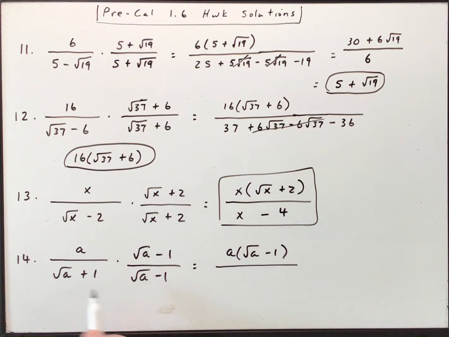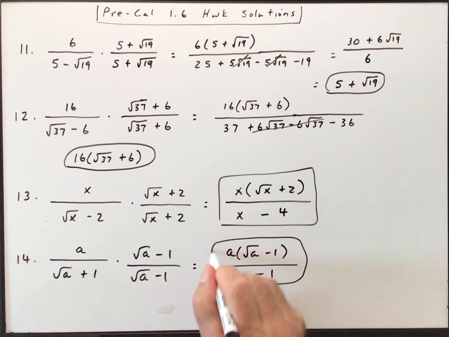So multiplying the tops, and then we're going to FOIL. Root a times root a is a. Then we would have negative root a, positive root a. Those cancel, and then minus 1. So that a and that a does not cancel, just like the previous one, because it's attached to a minus 1. So I'm not going to bother to distribute the top because it's not going to improve anything.